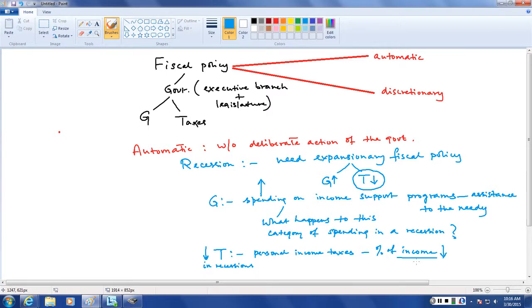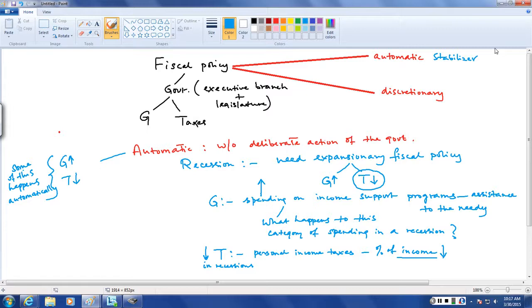I'm saying that a rise in G and a fall in T, some of this happens automatically. So the government has to take no deliberate action, it just happens automatically. So this is automatic fiscal policy. Right? Another word that's often used is you have an automatic stabilizer.